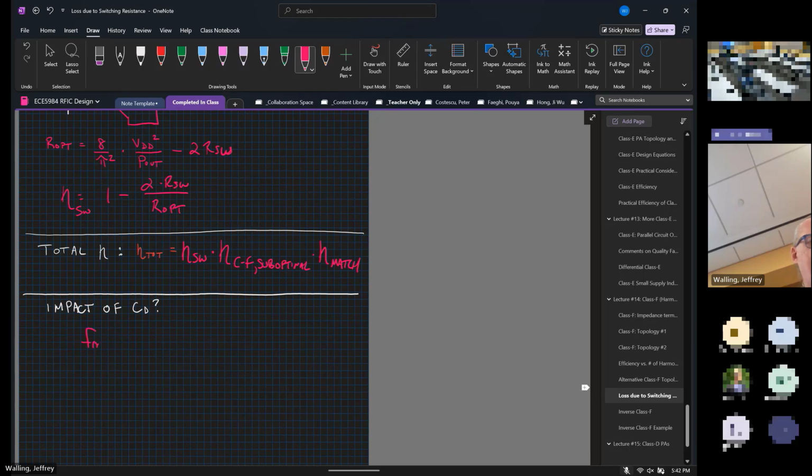And the maximum operating frequency is going to be 0.47 over R opt times C out, and this basically just ends up having to do with your ability to shape the waveforms if you have a drain capacitance. Sorry, this is drain capacitance, C out.